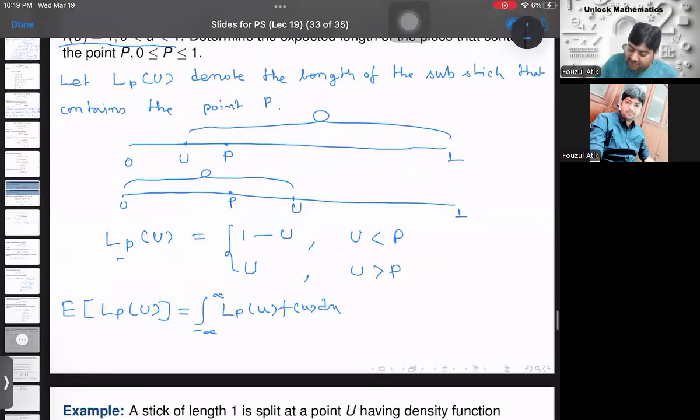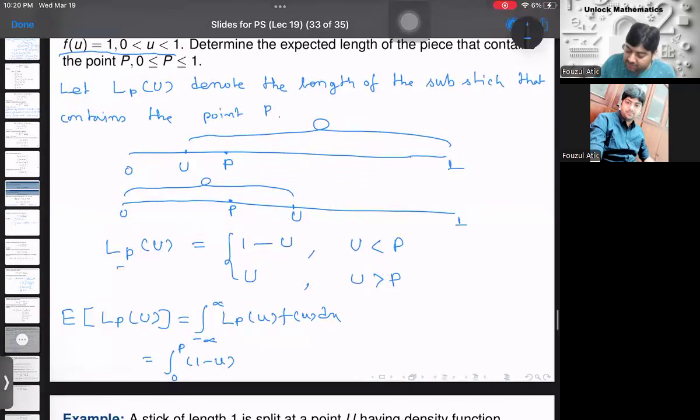L_P(U) and f(u) are defined between 0 and 1. From 0 to P the value is 1 minus U, and f(u) is 1, times du, plus from P to 1, L_P(U) is U and f(u) is 1, times du.